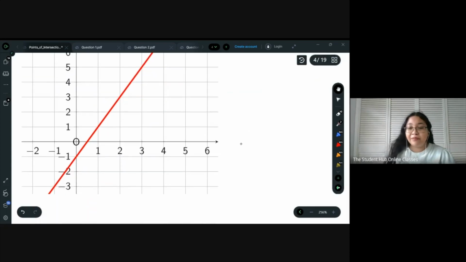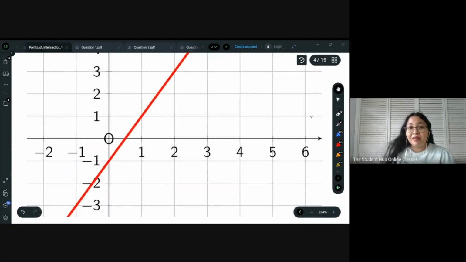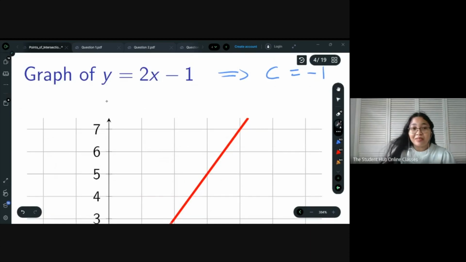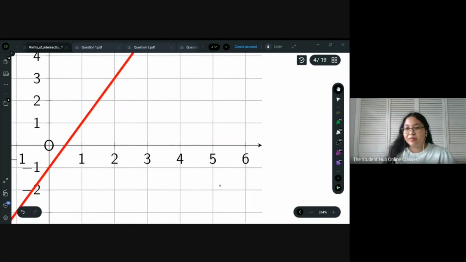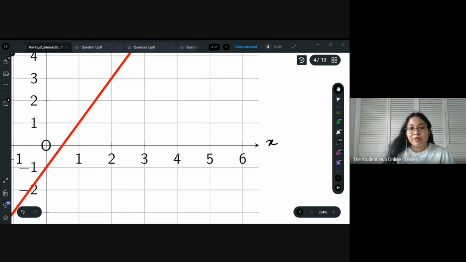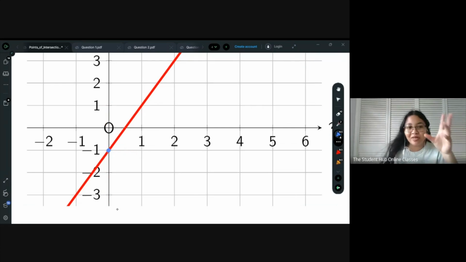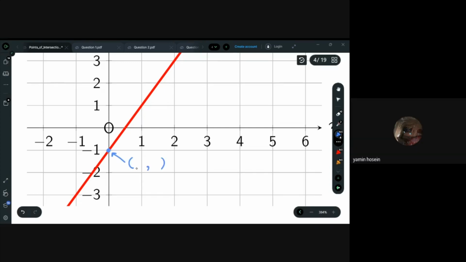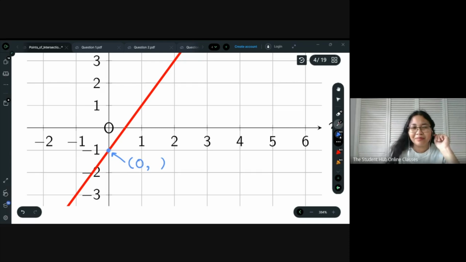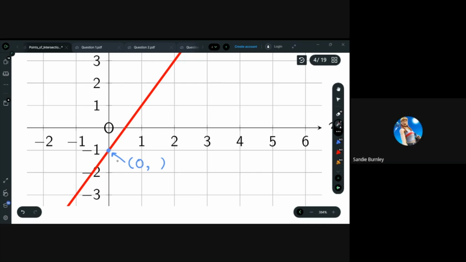So this is the graph, and the graph cuts the y-axis here, right? The y-axis is the vertical one, and so let me put in the y for you guys, and the x. As you can see, it cuts the vertical axis here at this point. Okay, what's the coordinate of that point? 0, 1. 0, -1. -1, right?